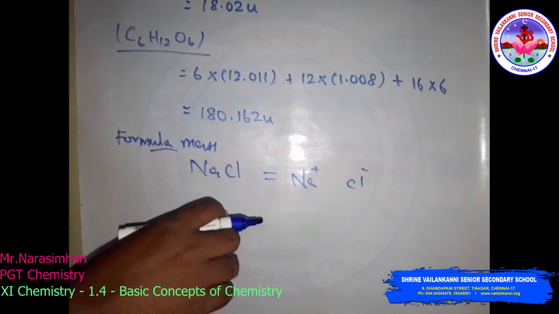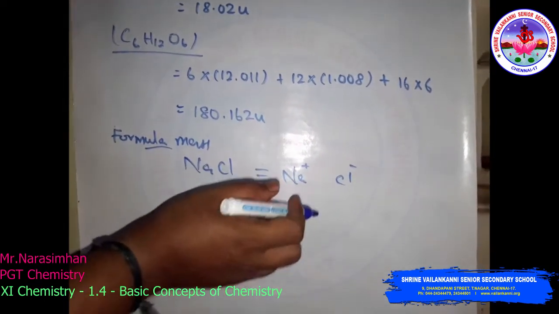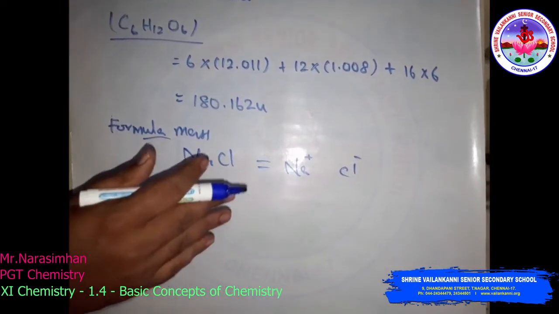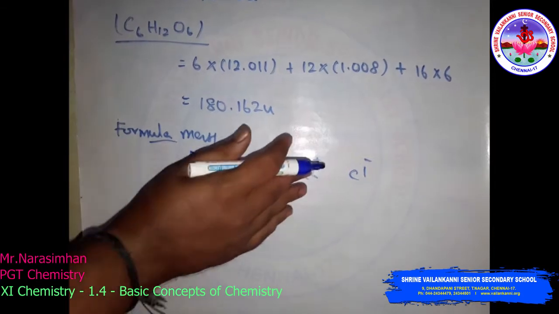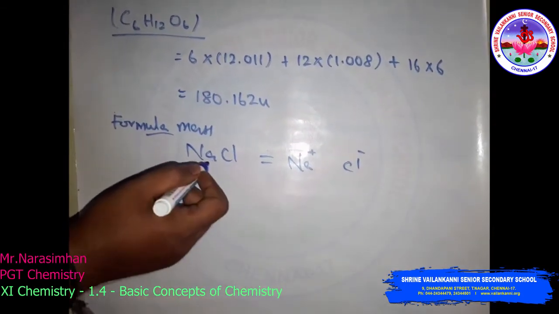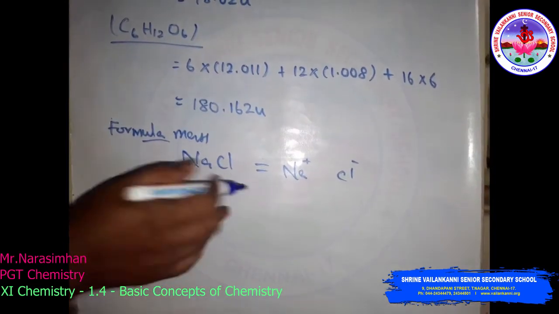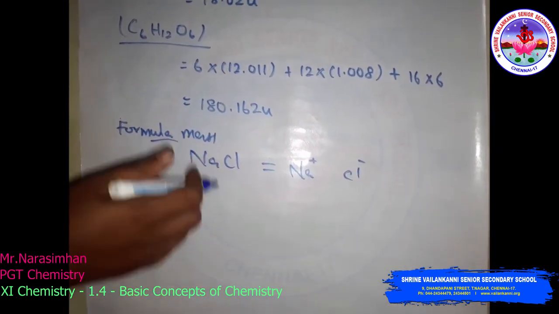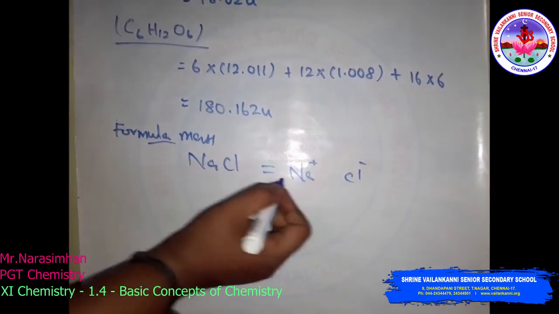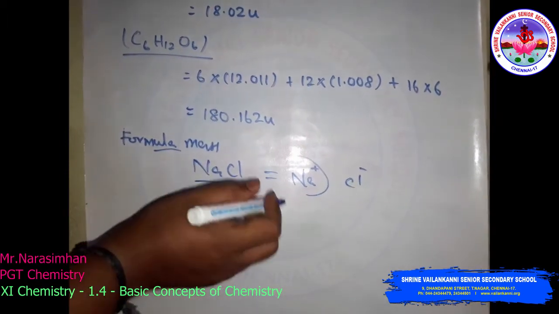Sodium is surrounded by 6 chlorine atoms and vice versa, in cubic form. You can see the packing of sodium chloride in your textbook. The formula of sodium chloride is simply NaCl. So we calculate the formula mass instead of the molecular mass, since solid sodium chloride does not exist as a single entity. It exists only in the NaCl form.